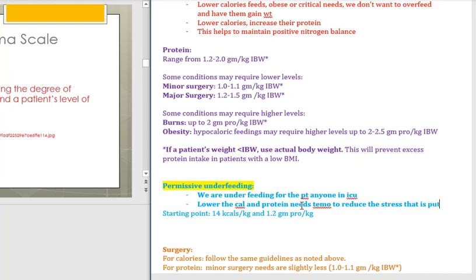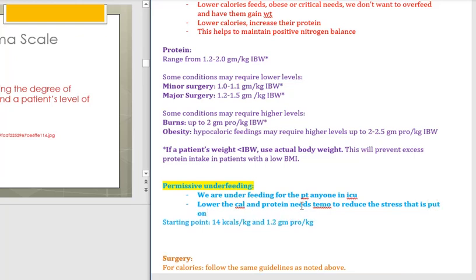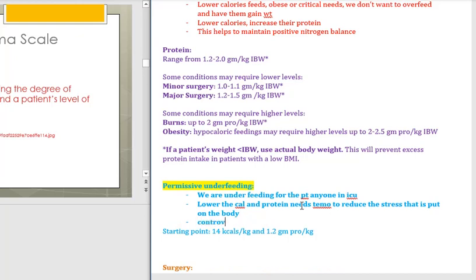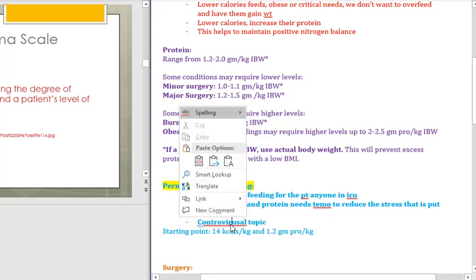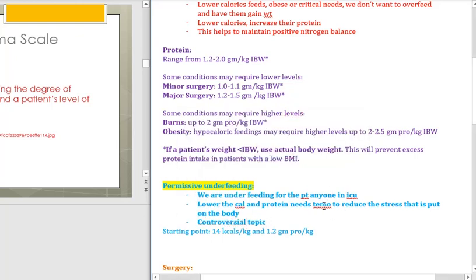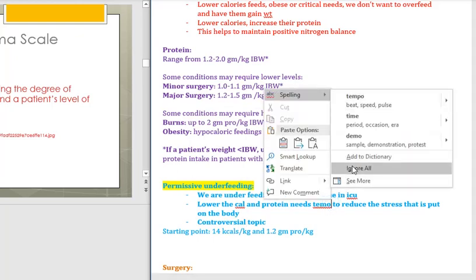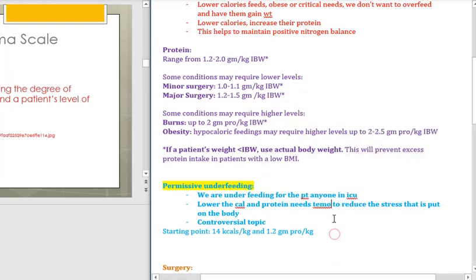Permissive underfeeding is a controversial topic. Okay? There's a lot of studies that say it's beneficial and it helps with healing. There are some studies that say there's no difference in the patient's response from permissive underfeeding or full feeding. So the research is controversial. What I will tell you about permissive underfeeding is that it typically provides about 60 to 80% of estimated needs.